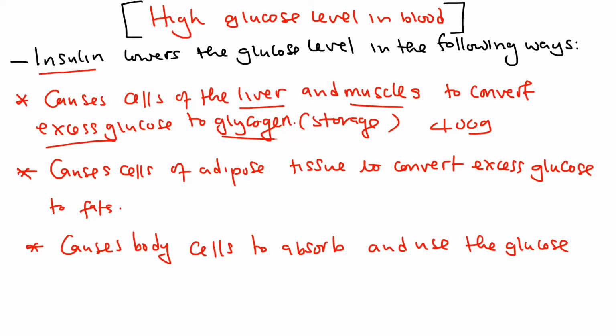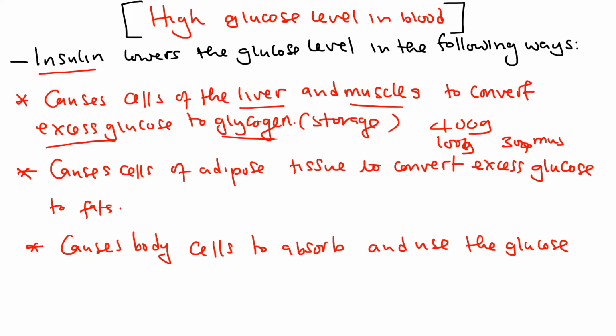Now, what are the proportions? 100 gram is stored in the liver, then 300 gram is stored in the muscles. I hope you've gotten this. So it causes the liver and the muscles to convert excess glucose to glycogen, of which the body can store 400 gram, 100 gram stored in the liver, then 300 gram stored in the muscles.